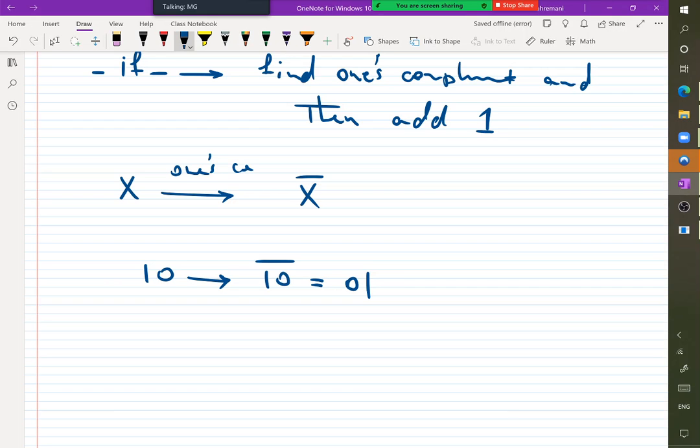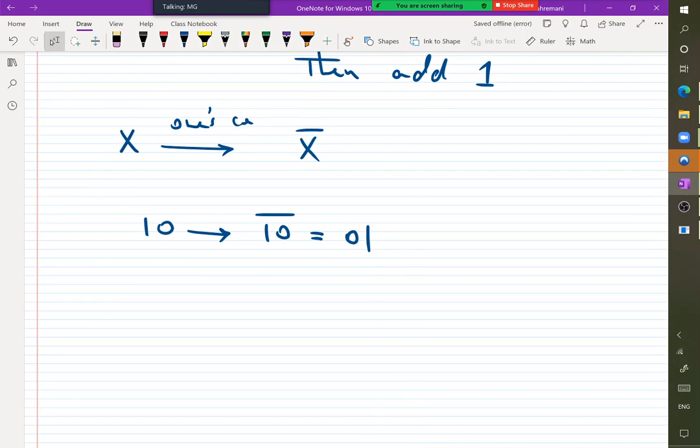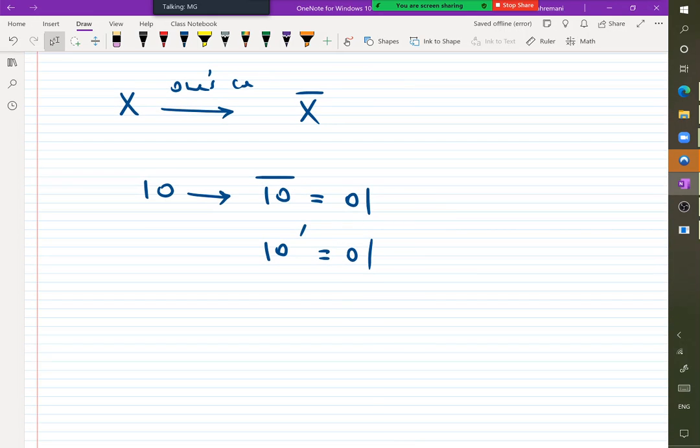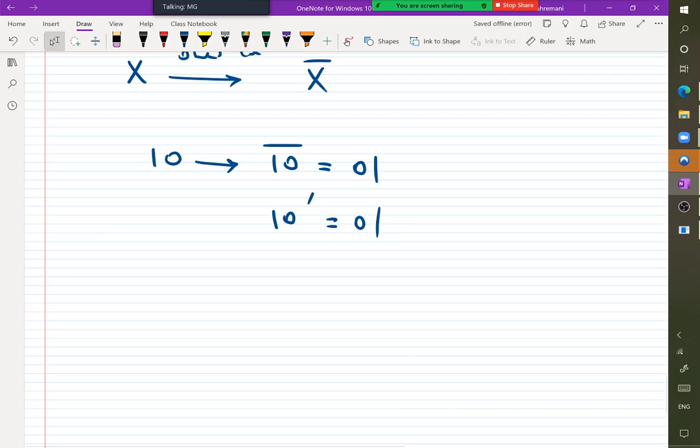Or we have another way to represent it, which is prime. So 1 0 prime is 0 1. Both of them, this prime and this bar, have the same meaning. Okay, so in one's complement we just complement bit by bit, but in two's complement we complement the number and add 1.